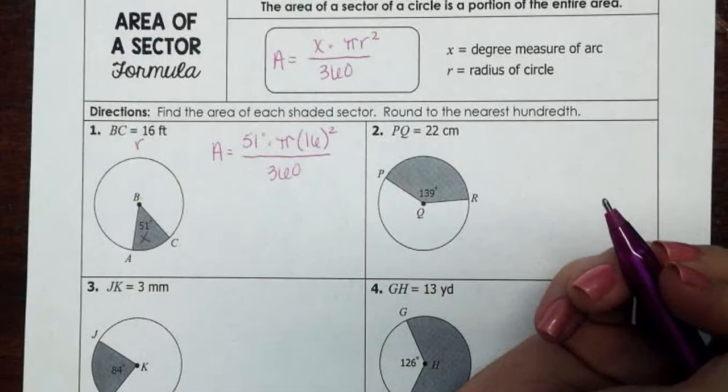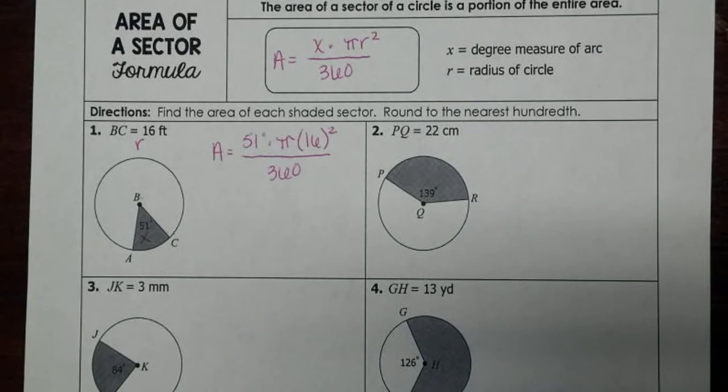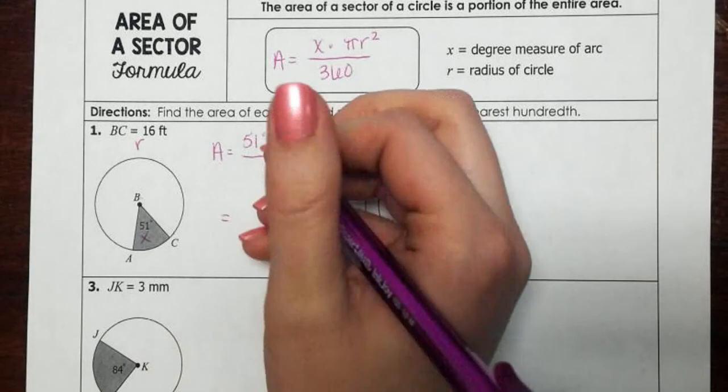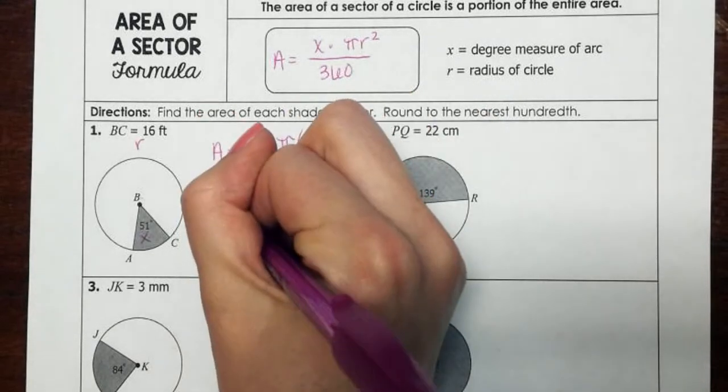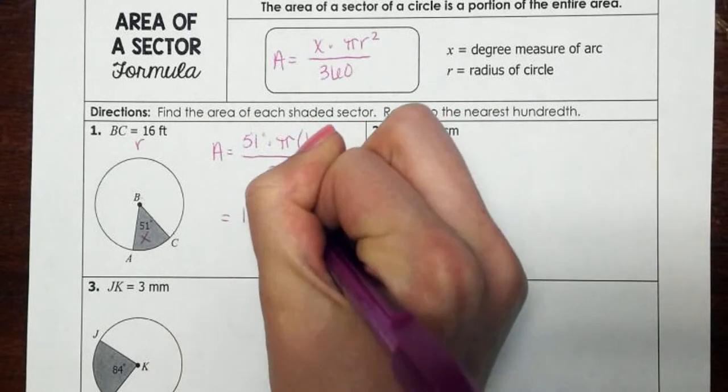So you can plug all of this in all at once. You can take 51 times pi times 16 squared and divide it by 360. You don't even need any parentheses or anything. It will work out in your calculator. So if you round that to the nearest hundredth, you're going to get 113.94 feet squared. Area is always squared.